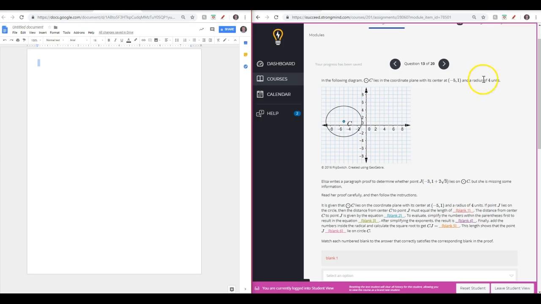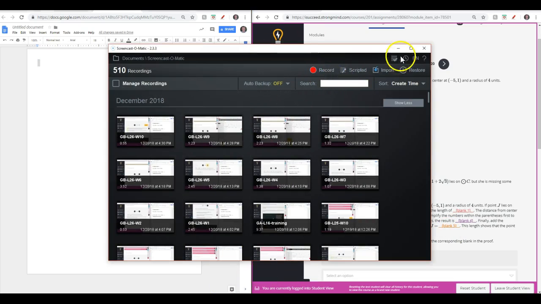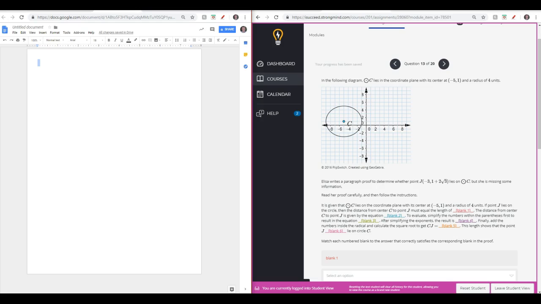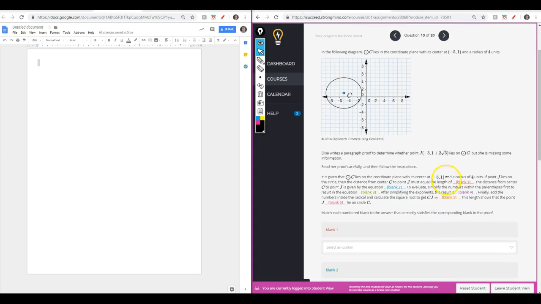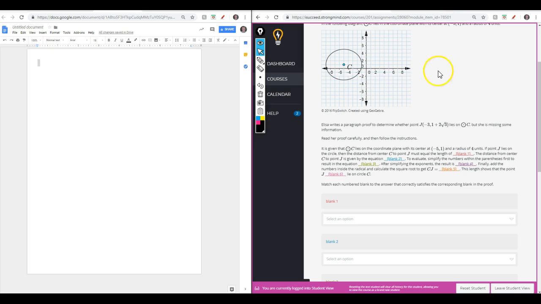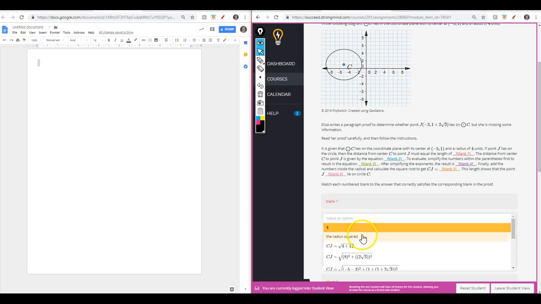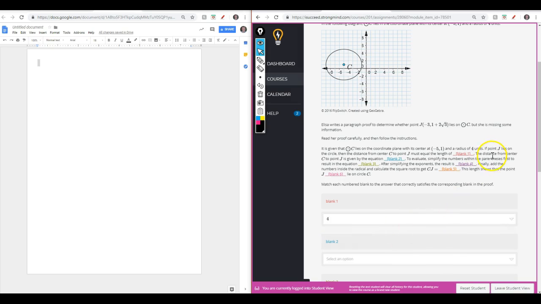So it has to equal the radius, which would be 4 units, because a circle is, by definition, the collection of points that are the same distance away from the center. And so it has to have the same length as the radius, which would be 4 units.